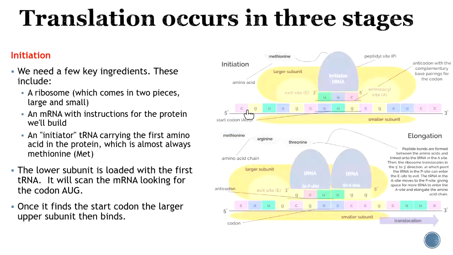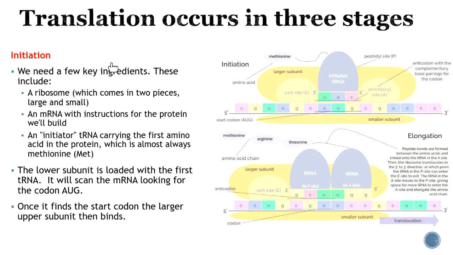Scan, scan, scan. It is looking for the sequence right here, AUG. Once it finds AUG, it stops. That stopping signals the larger subunit to come in and bind. When it binds, this initiator is going to be in the peptidyl site, or the P site.